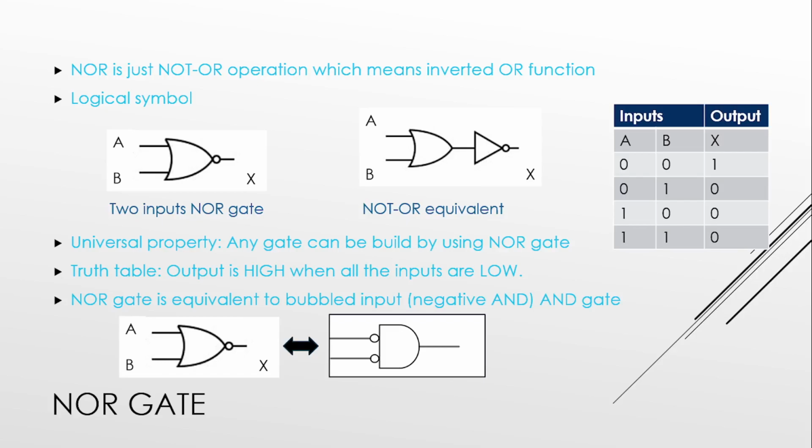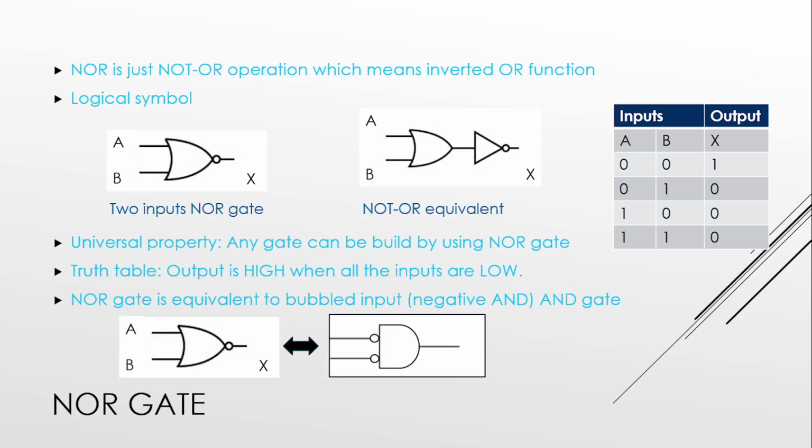To represent the inverted OR function, we simply put the symbol of negation or complementation, that is a bubble, towards the output side of the OR gate. So if you are looking at the logical symbol of NOR gate, it is similar to OR gate with simply the addition of a bubble towards the output side.